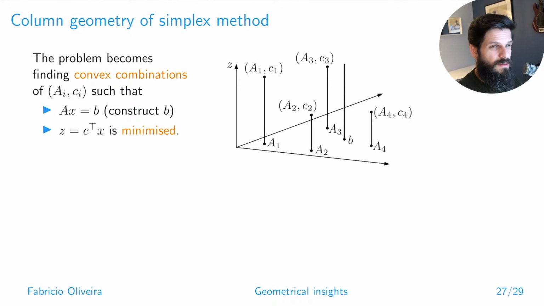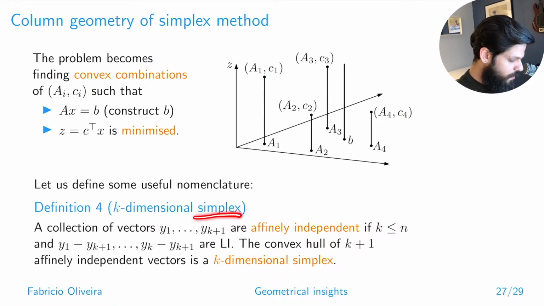Because we're talking about convex combinations, the main thing that should come to your mind is the notion of convex hulls. So what is the minimum number of points that I will need in order to represent b, right? This connects with the notion that actually gives the method its name, which is the notion of a simplex.